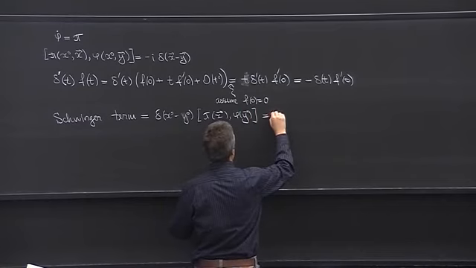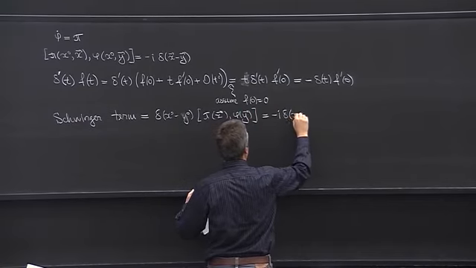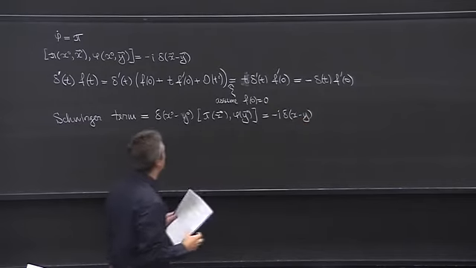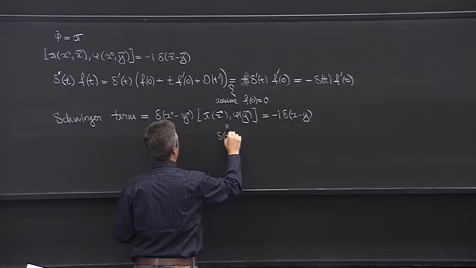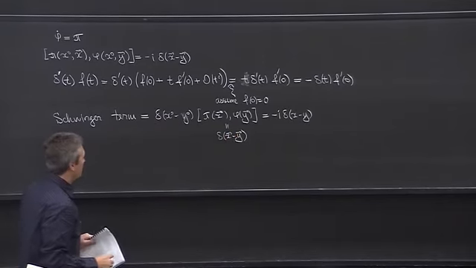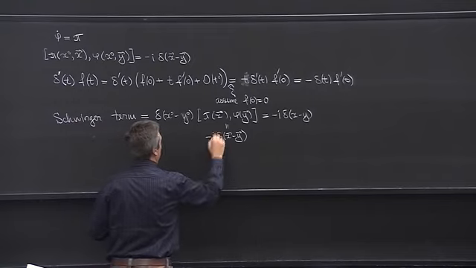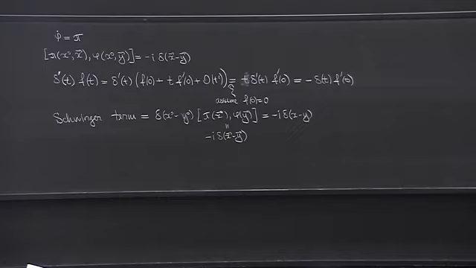So this is minus I delta of x minus y, right? So this is the delta function of the spatial coordinates with the minus I. And so what we get is the four-dimensional delta function.